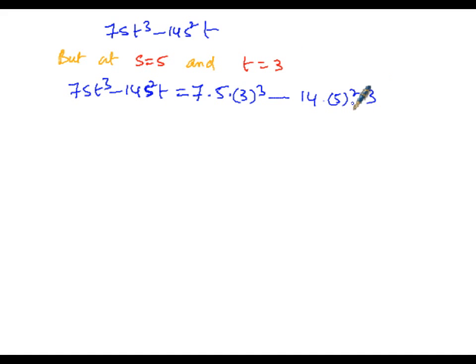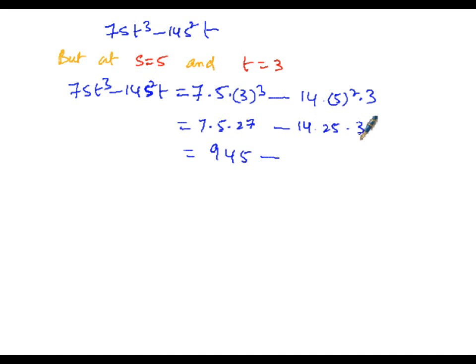That is equal to 7 into 5 into 3 cube, which is 27, then minus 14 into 5 square, 5 fives are 25, into 3. That is equal to 7 fives are 35, 35 into 27 is 945, minus 14 into 25 into 3.